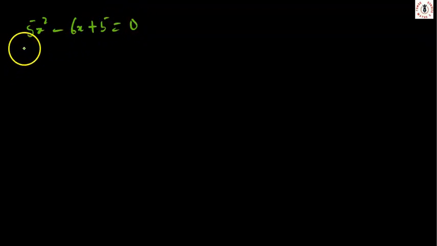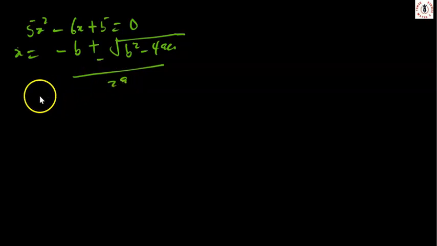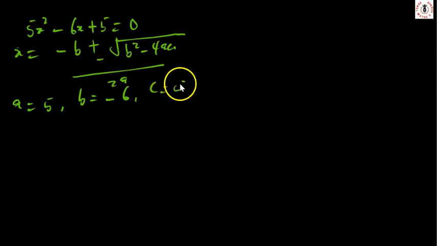Now, if I'm to solve this using x is equal to minus b plus or minus square root of b squared minus 4ac over 2a, here a will be 5, my b here will be minus 6, and my c here will be 5.